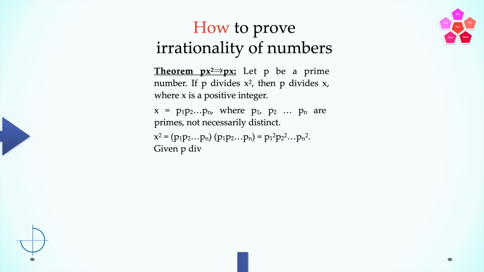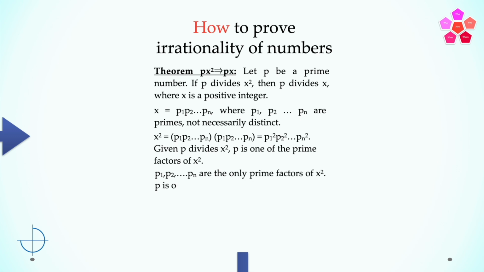Given p divides x square and applying the fundamental theorem of arithmetic, p is one of the factors of x square. Using the uniqueness part of the fundamental theorem of arithmetic, we see that p1, p2, p3 and so on till pn are the only prime factors of x square.